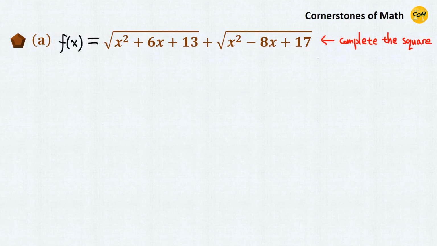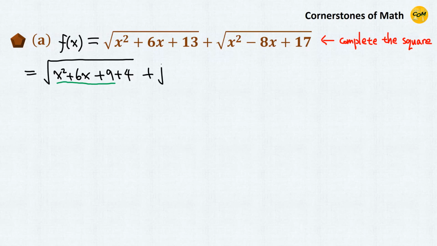Now let us complete the square inside each radical. For the first one, if we split 13 into 9 plus 4, then x squared plus 6x plus 9 gives the perfect square. For the second one, x squared minus 8x plus 16 gives the perfect square, so we split 17 into 16 plus 1.